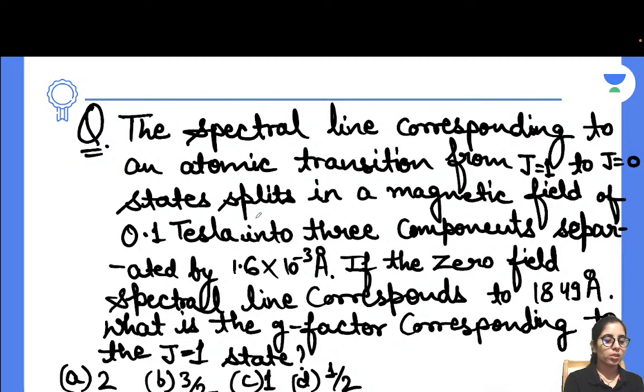It is 1. Okay, so that's what we need to know, and we can directly answer this question. Or even if you plug in the values in the Zeeman effect g factor formula, you will still get that it's 1, and that's your right answer.